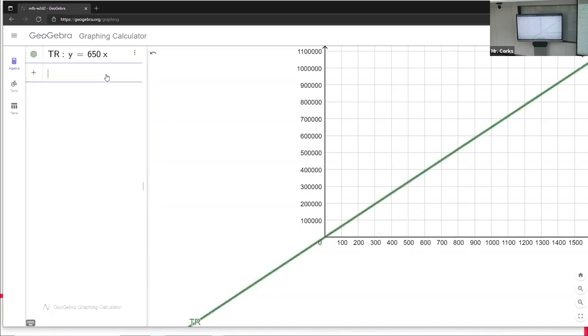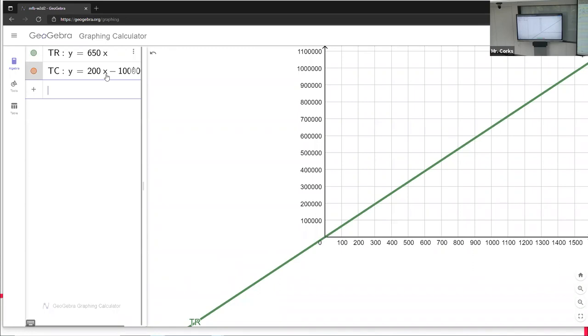And let's switch this to green. And our total cost, which was Y equals 200Q, so X, and then minus, we estimated, 100 million.